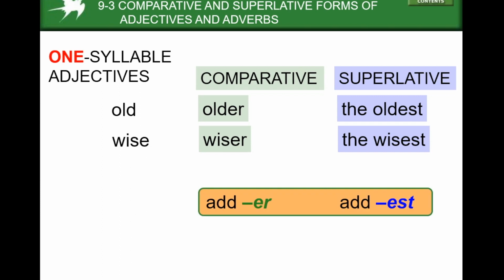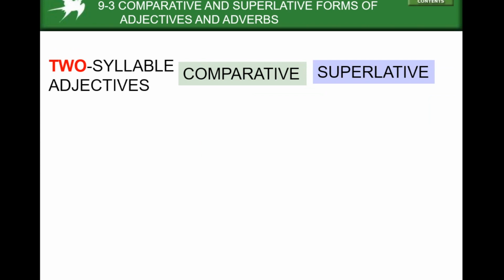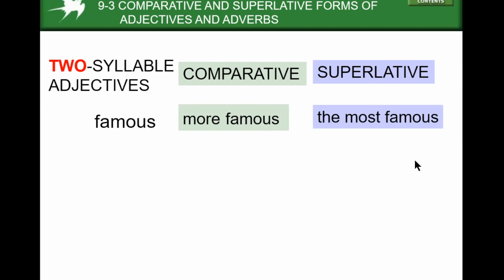What about longer adjectives? Adjectives that are two syllables or more. For example, we have the word famous. Famous. This is two syllables. Famous, more famous, the most famous.